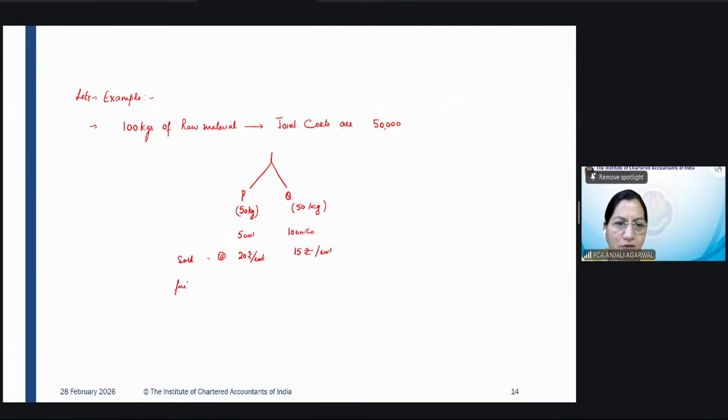However, further processing costs were incurred, let's say of 10,000 on P and 40,000 on Q. So they were finally sold after further processing at the rate of, let's say, 500 rupee per unit, and this was sold at the rate of 600 rupee per unit.